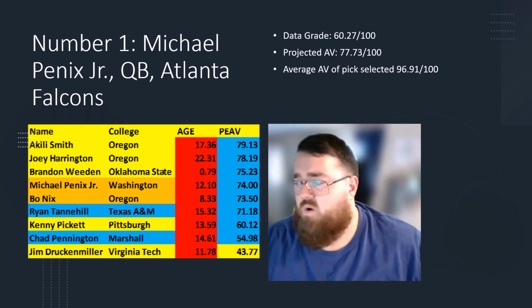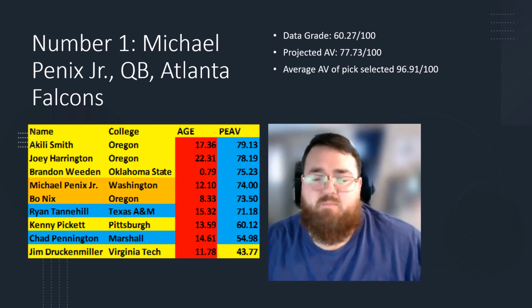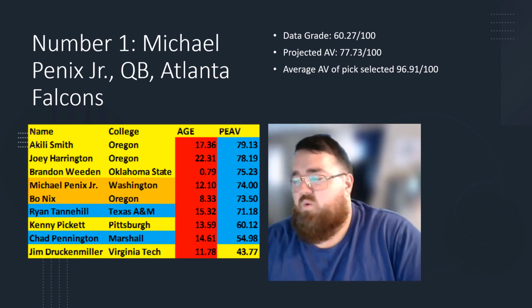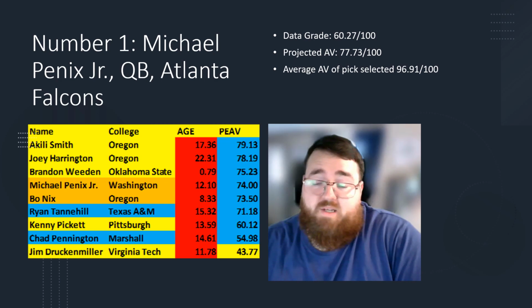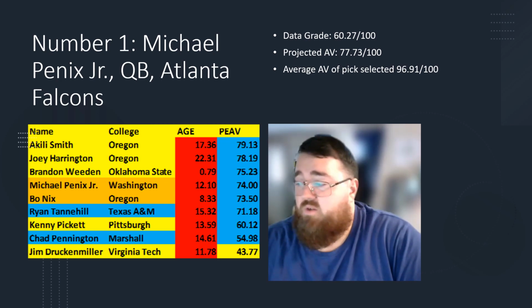So all the quarterbacks that you see right here who tested most similar to Michael Penix Jr., Alex Smith, Joey Harrington, Brandon Weeden, Ryan Tannehill, Kenny Pickett, Chad Pennington, Jim Druckenmiller, the average AV of those guys was 77.73 out of 100.